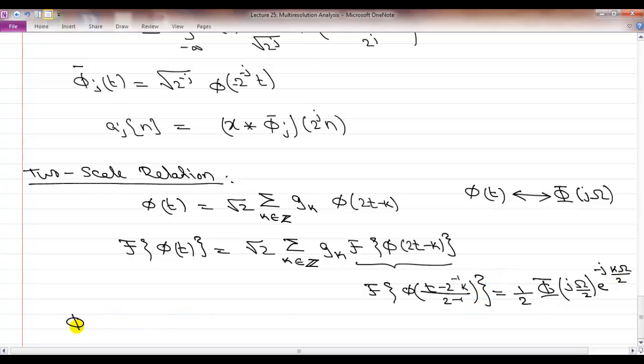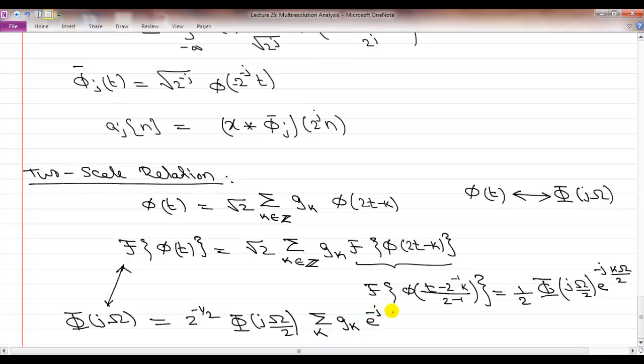So this means that I can write the Fourier transform phi of j omega from here. That is equal to 2 to the minus 1 half, since I have square root of 2 divided by 2, times phi of j omega by 2, and the summation over k of g of k e to the minus j omega k by 2.